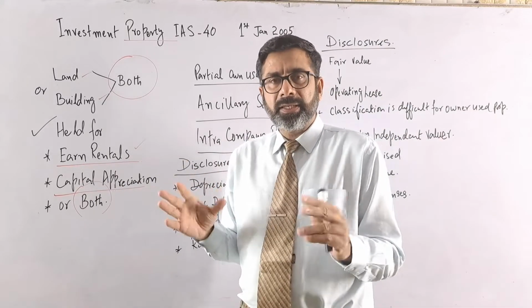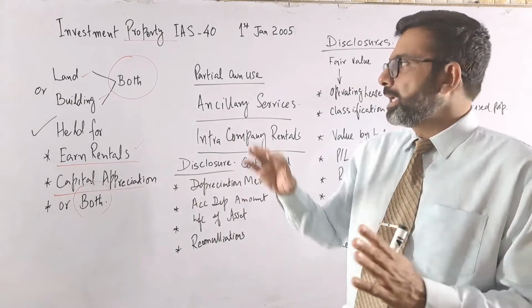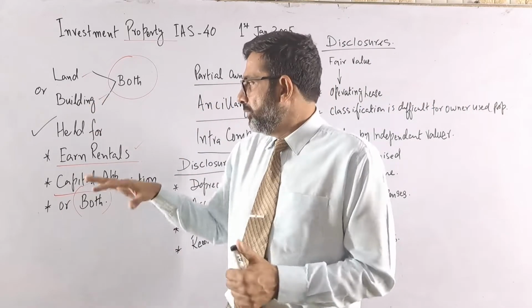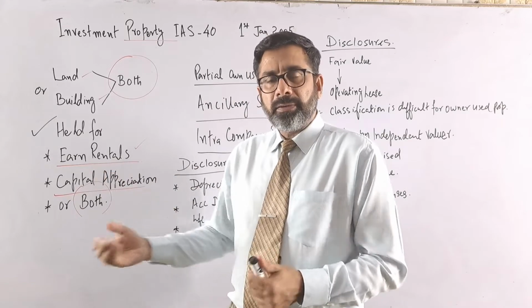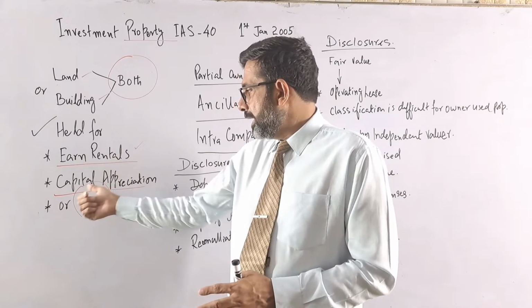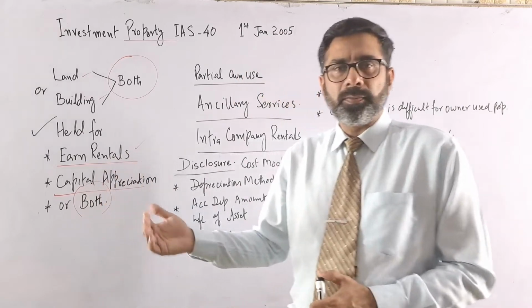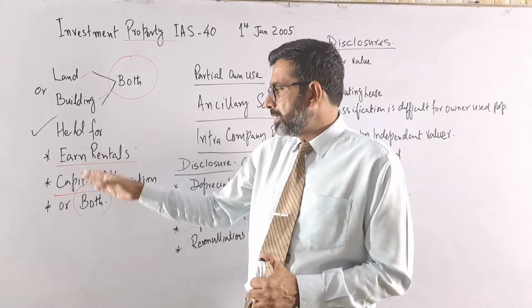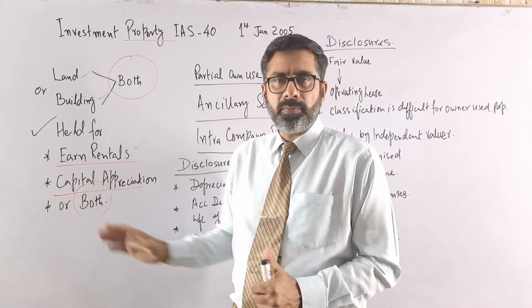So this is the basic thing: the company or the business has any land, any building, or anything related to land or building which they have for rental purposes. The purpose is that they will get the rental, and there may be some capital appreciation in the future, or sometimes rental, sometimes appreciation, or sometimes both.